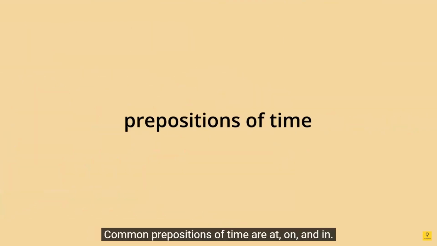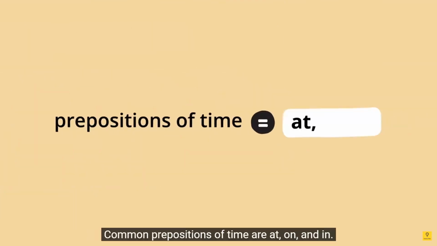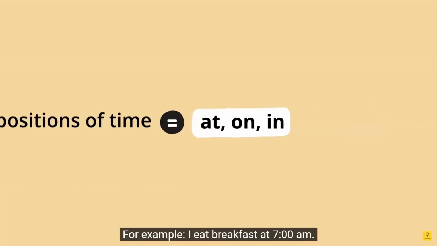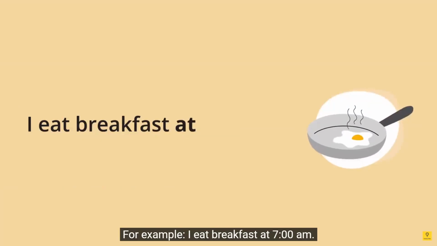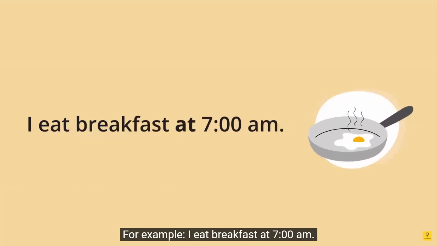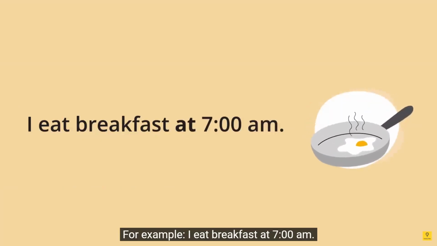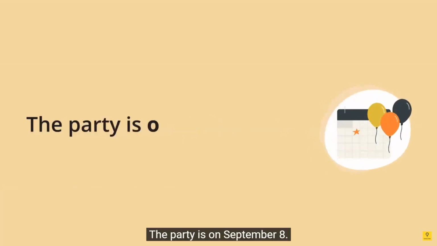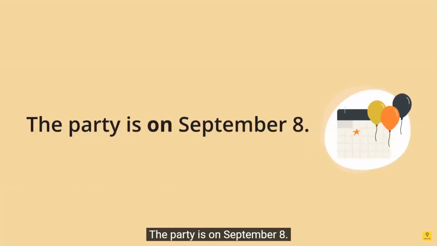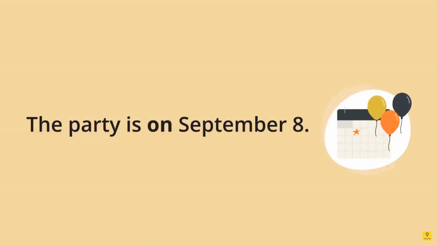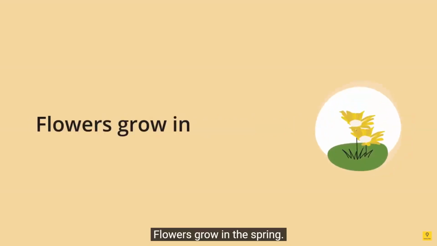Common prepositions of time are at, on, and in. For example, I eat breakfast at 7 a.m. The party is on September 8th. Flowers grow in the spring.